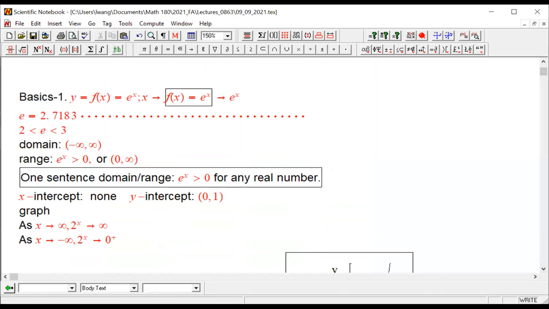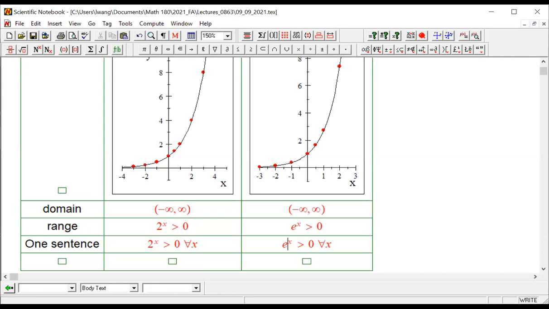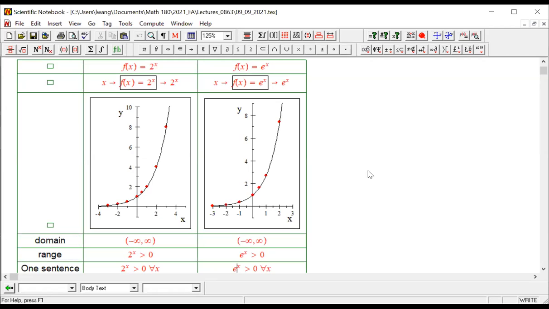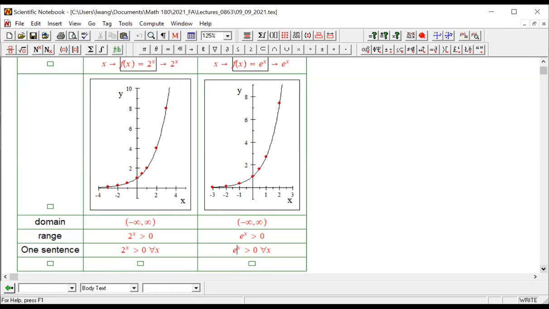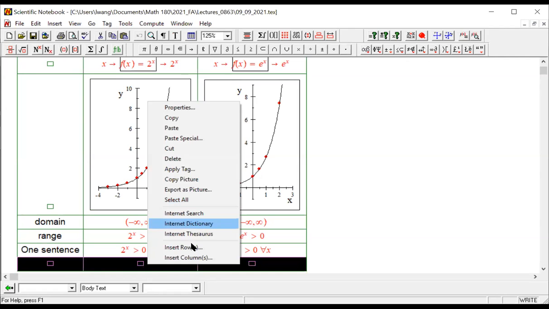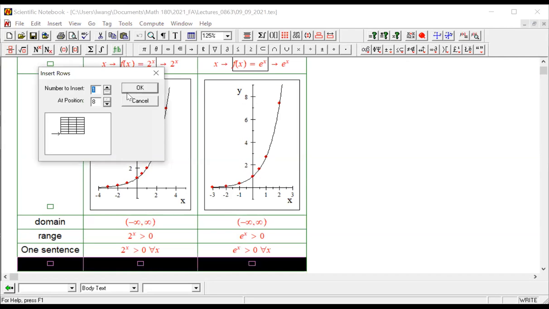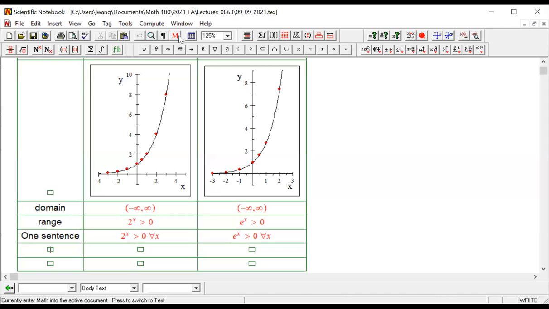Okay, intercepts. Okay, so I need one more row. X-intercept.